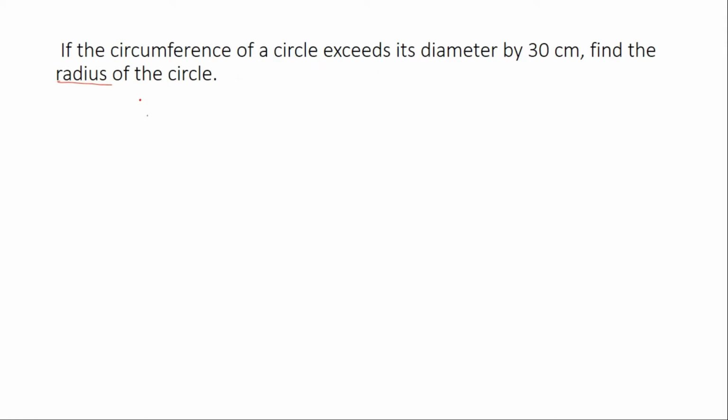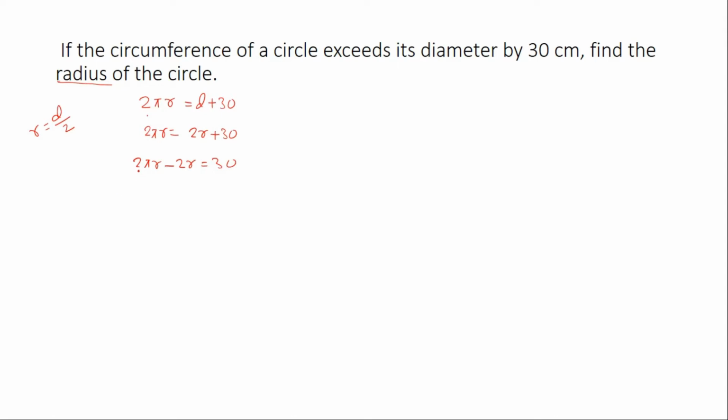That means 2 pi r, which is the circumference of the circle, exceeds its diameter by 30. Since we know radius is half of diameter, so we can write 2 pi r is equal to 2r plus 30, or 2 pi r minus 2r is equal to 30.